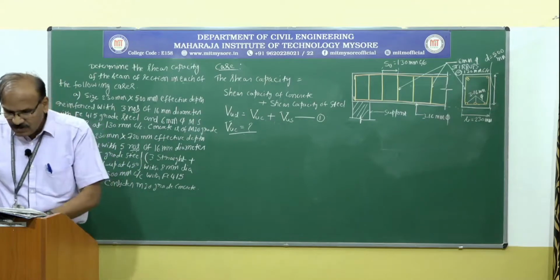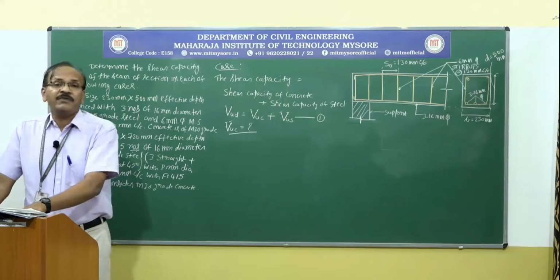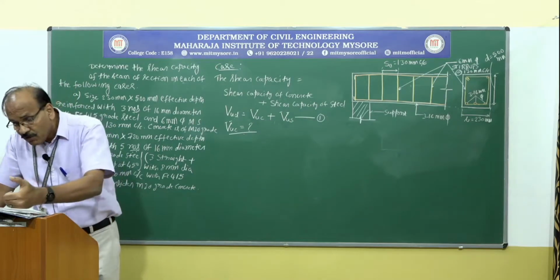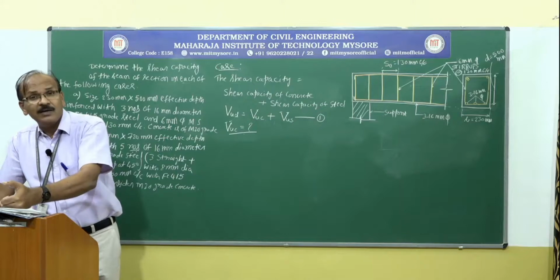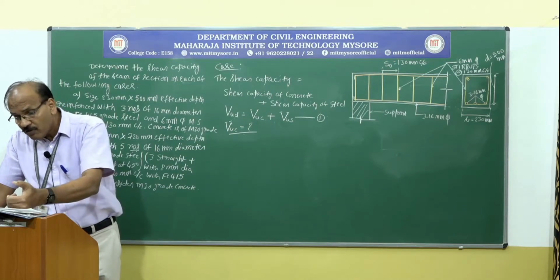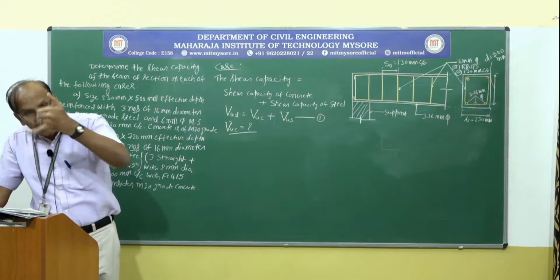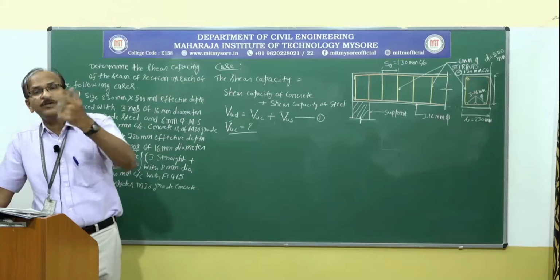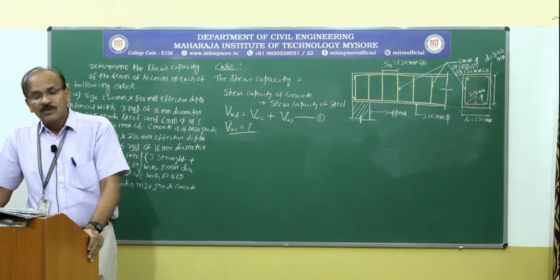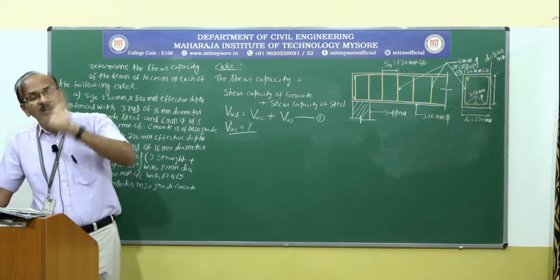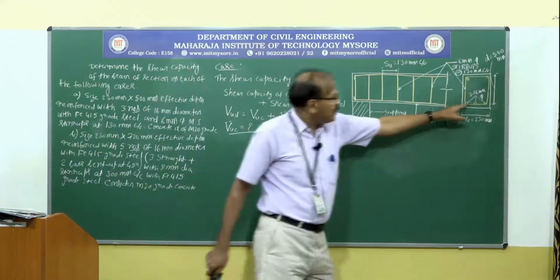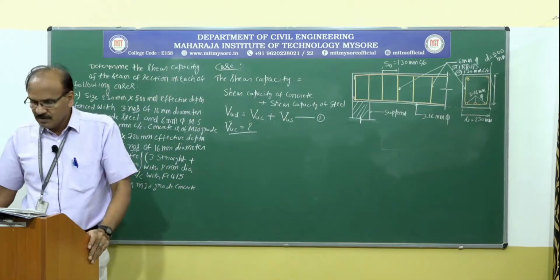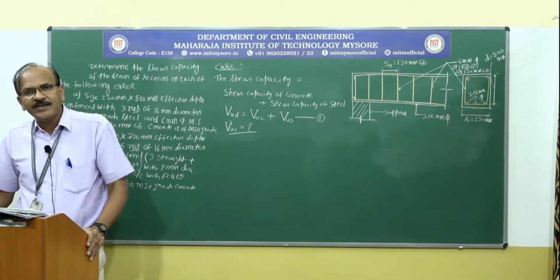What if the percentage of reinforcement is, say, 0.8? If you look at the left column of the table, we see values corresponding to 0.75%, 1%, 1.25% of steel, that is, at 0.25 increments. So what if the percentage of steel is some fractional value other than what we have in the table, say 0.8?